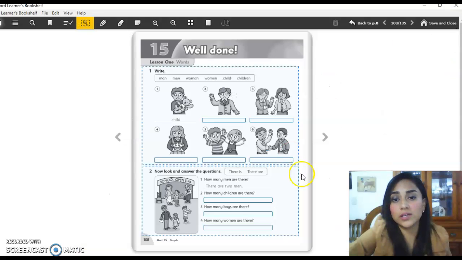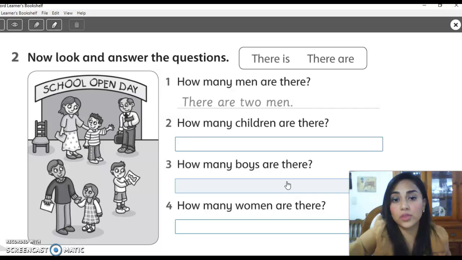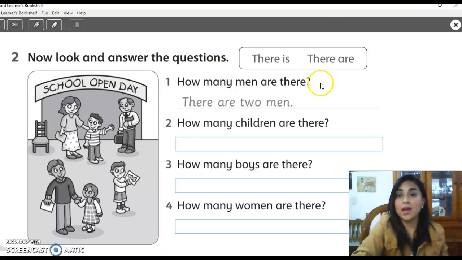And then go to exercise number 3. Here you have to write there is or there are. Remember, we use there is for one, okay? And we use there are for two or more.